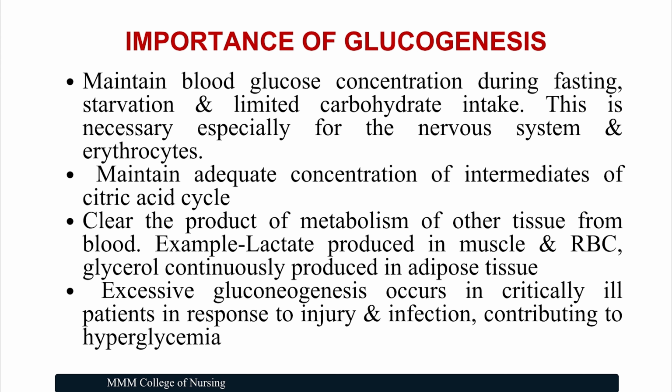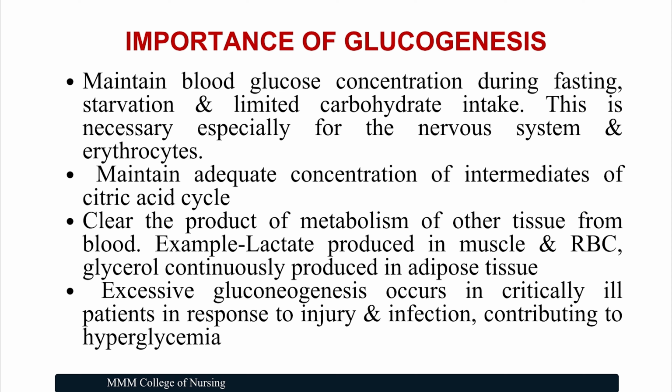The second reason is that glycogenesis helps maintain adequate concentrations of intermediates of the citric acid cycle. This keeps the overall metabolism running smoothly. And the third reason is that it helps clear the products of metabolism of other tissues from the blood.